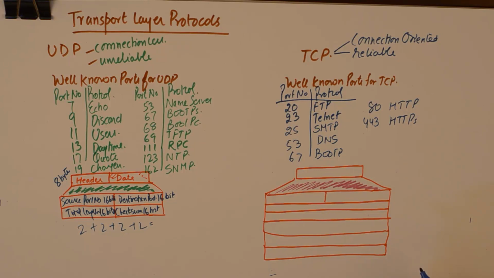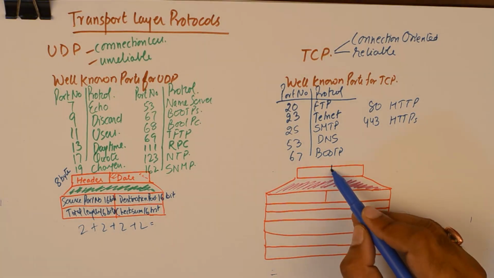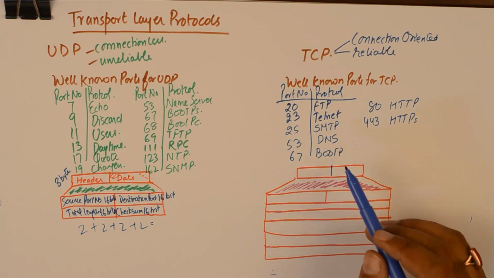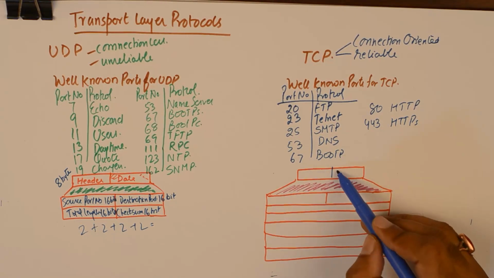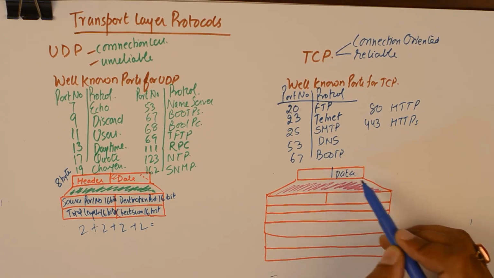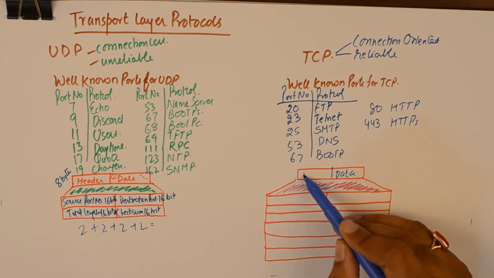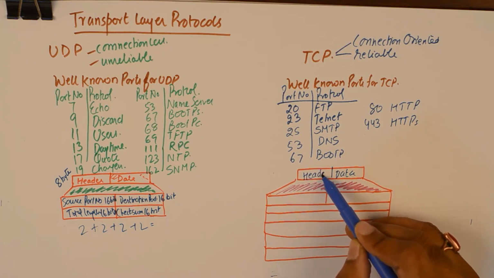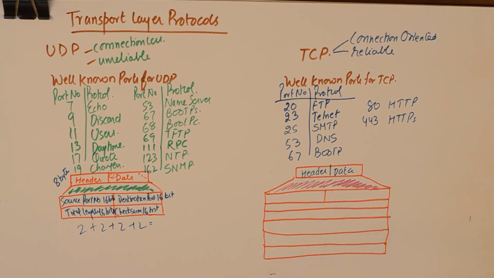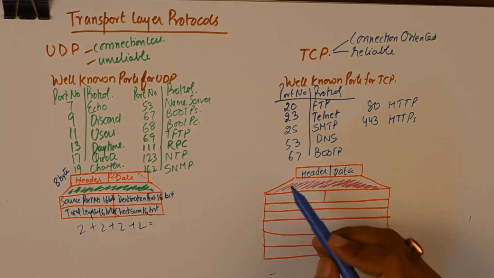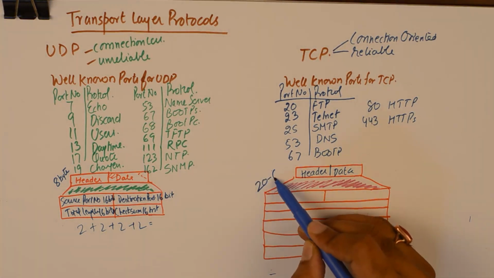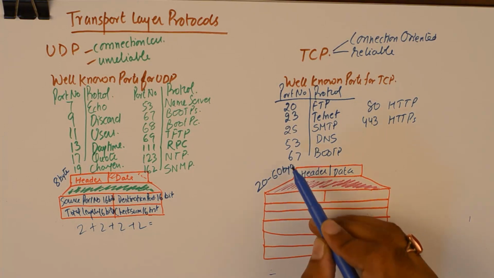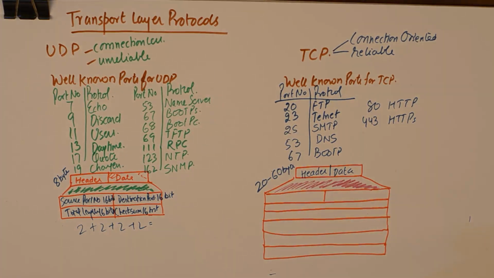And talking about the TCP segment format, again, the transport layer will attach some header to the data that I want to send. And this header could be 20 to 60 bytes long. Just look at the difference between UDP and TCP.